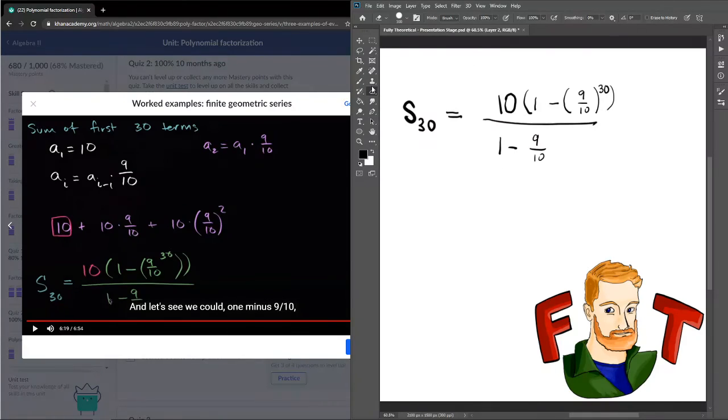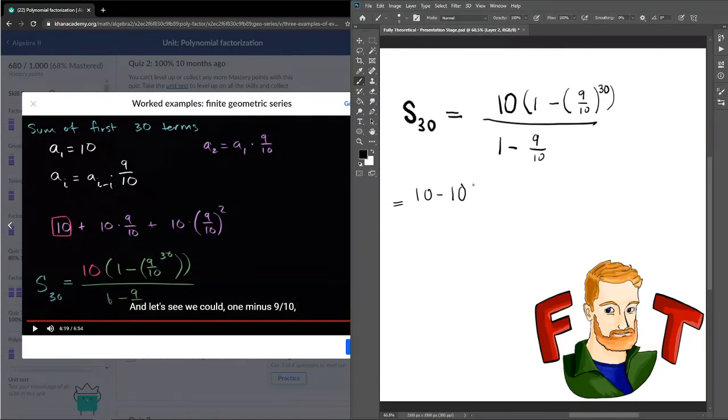So that equals 10 minus, wow, I cannot write neatly to save my life.